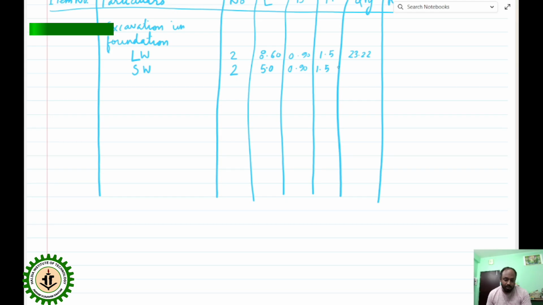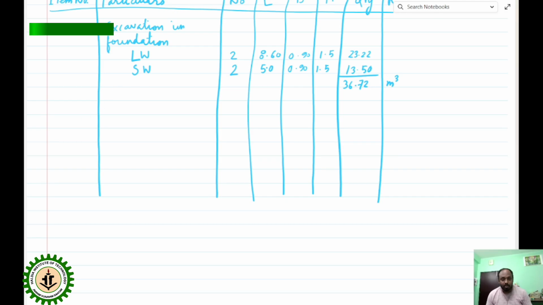Similarly, 5 multiplied by 0.9 multiplied by 1.5 will give us 13.5. Plus 23 will give us 36.72 cubic meter.